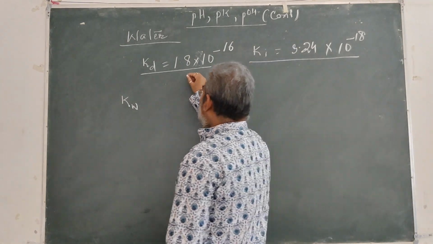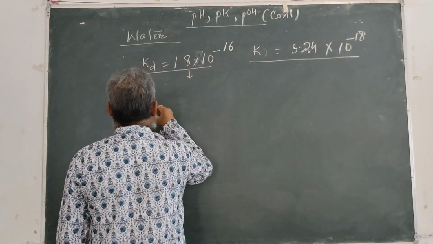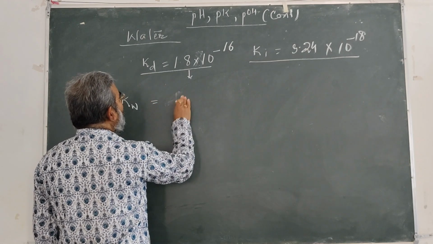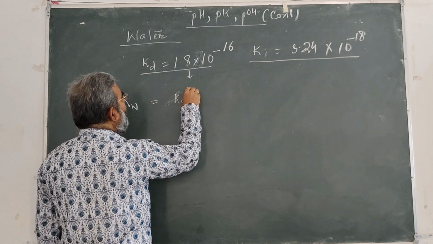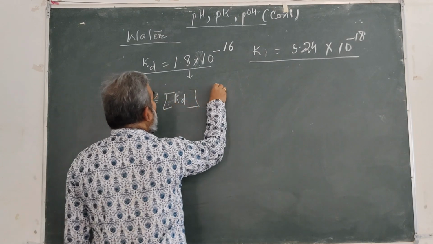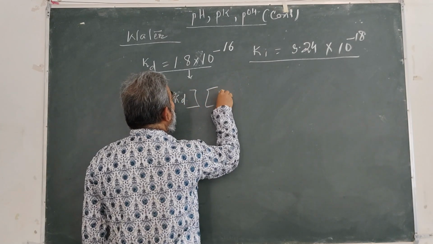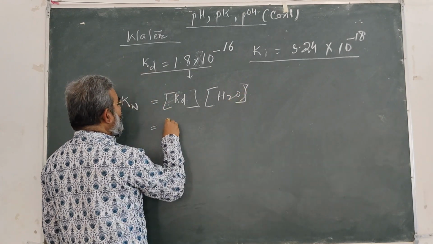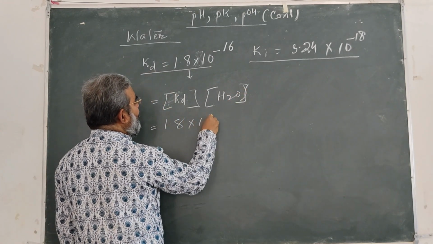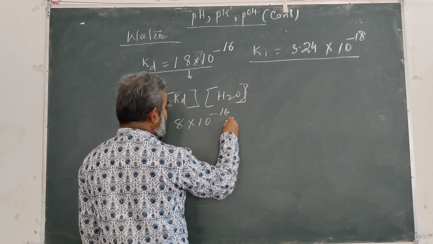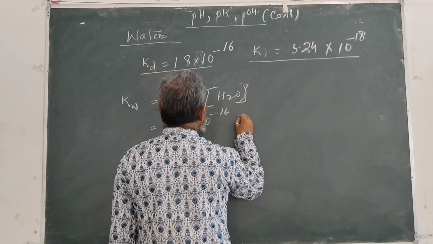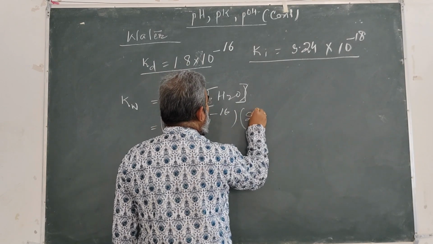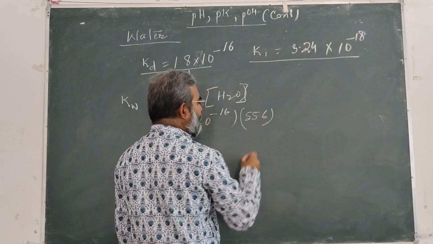and we can calculate at first from here, that is Kd, the molar value of H2O, that is 1.8 into 10 minus 16, 55.6.